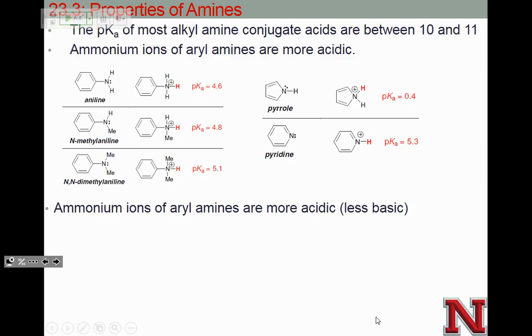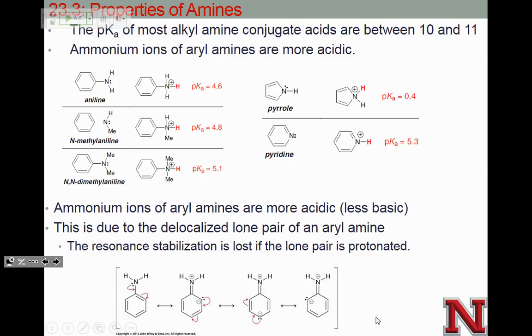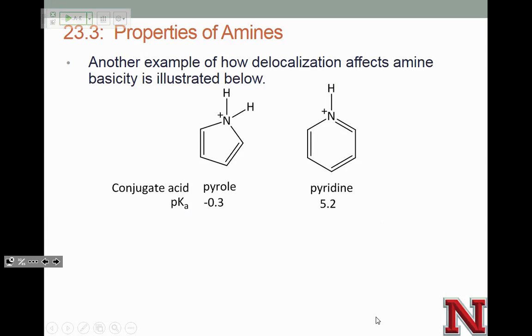But I really want to look at pyrrole. We've talked about this before. So this is our lone pair being stabilized by resonance, so it's less likely to be given up as a base. But pyrrole I wanted to touch upon. This is the last thing we're really going to talk about. Why is it so not basic? And the reason why is going into what you're going to be tested on Wednesday, on the fact that it's aromatic when it has its lone pair, and then when it has that positive charge, it's actually anti-aromatic.